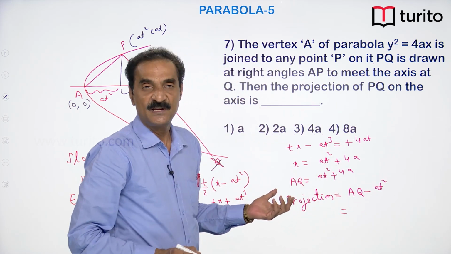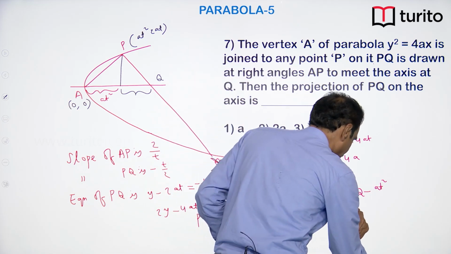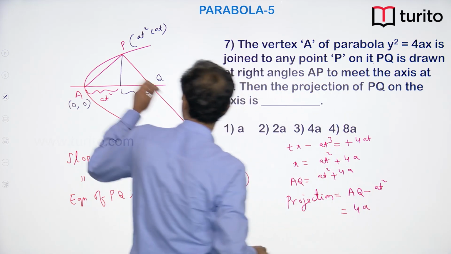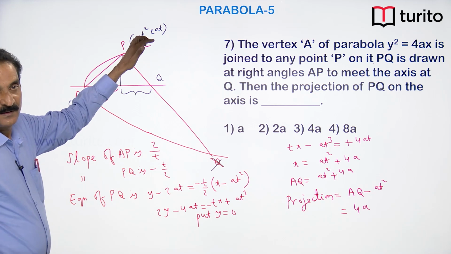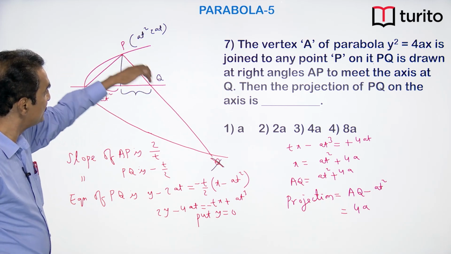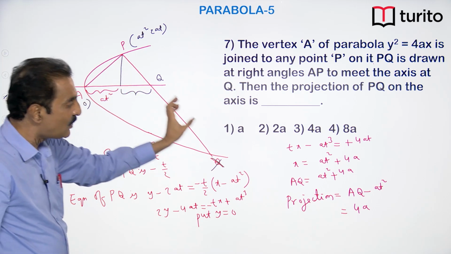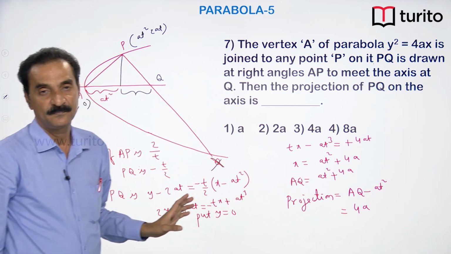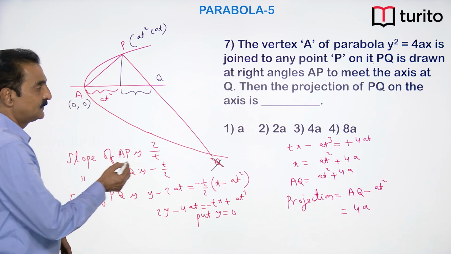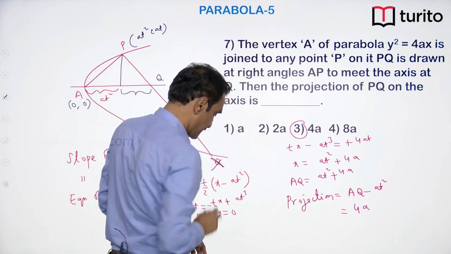AQ minus AT square is equal to what? 4A. That means wherever you take P and proceed like this, drawing a perpendicular, this projection will be a constant 4A. Okay. Answer is the third option.